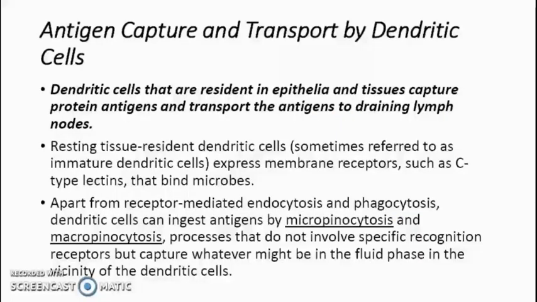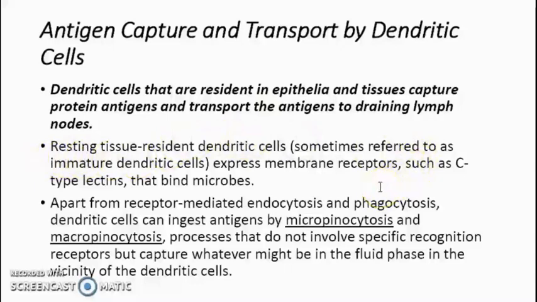Antigen capture and transport by dendritic cells. Dendritic cells that are resident in epithelia and tissues capture protein antigen and transport the antigen to the draining lymph node. Resting tissue-resident dendritic cells, sometimes referred to as immature dendritic cells, express membrane receptors such as C-type lectins that bind microbes.